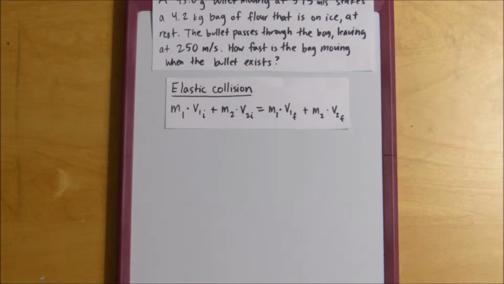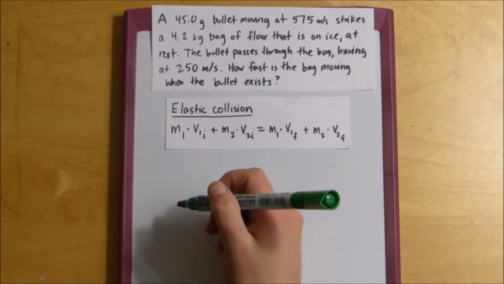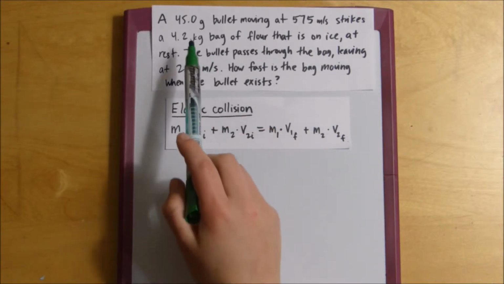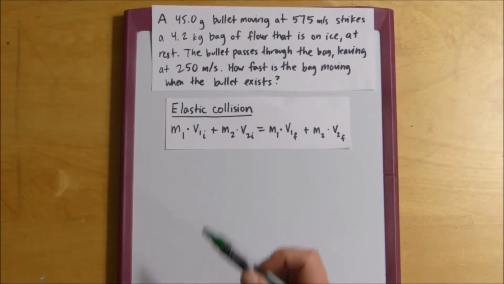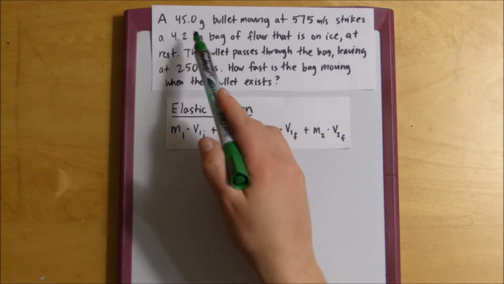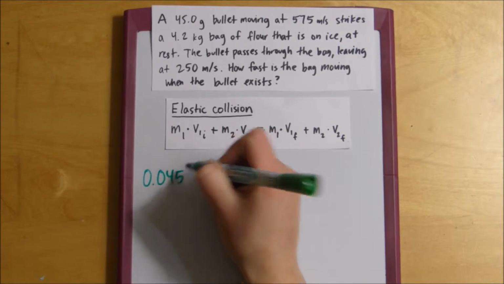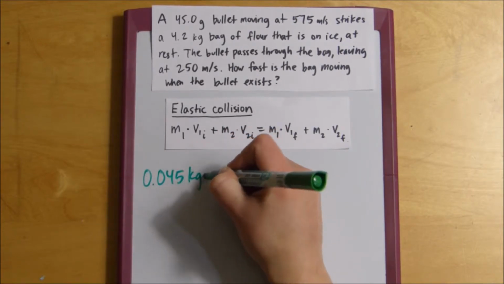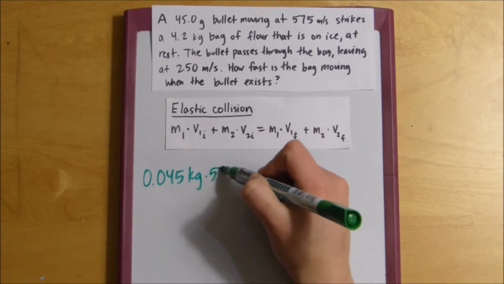Let's say that our bullet is our mass 1, right? Because one of these is in grams and the other is in kilograms, I would strongly advise converting from grams to kilograms, right? So that would just be dividing this by 1,000, so it would be 0.045 kilograms times V1 initial, that's 575.